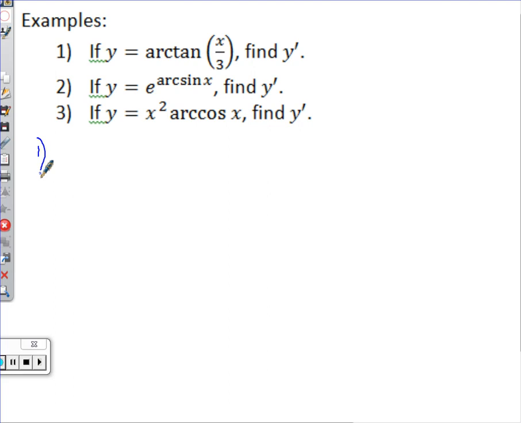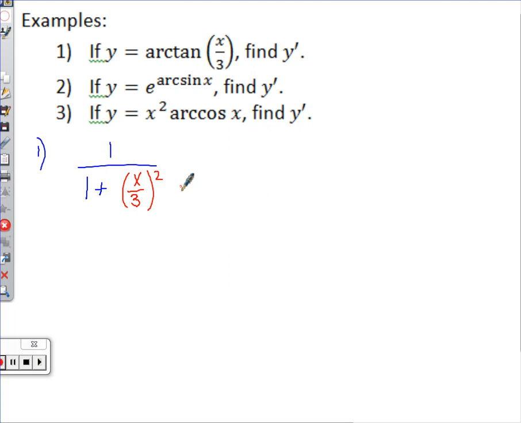Arctangent of x was 1 over 1 plus x squared. But remember, when it is chain rule, we don't put in x, we put in the inside. The inside is x over 3. So it's not x squared, it's x over 3 squared.